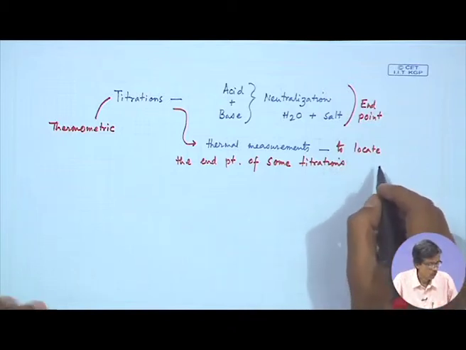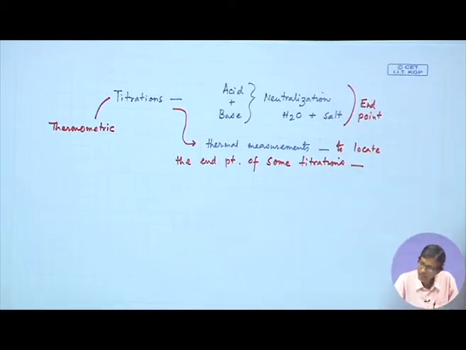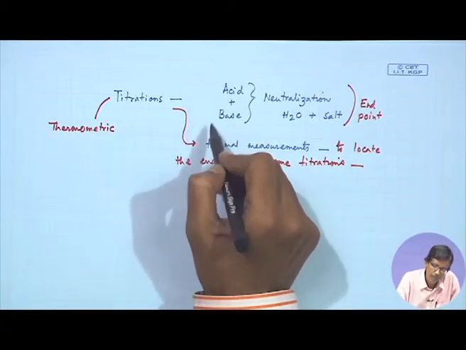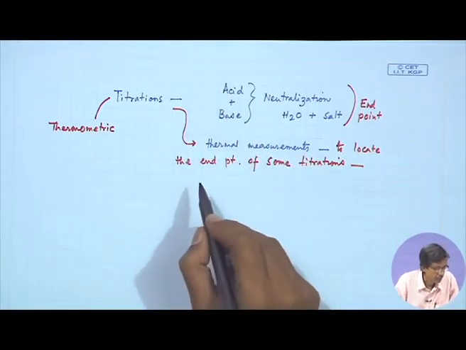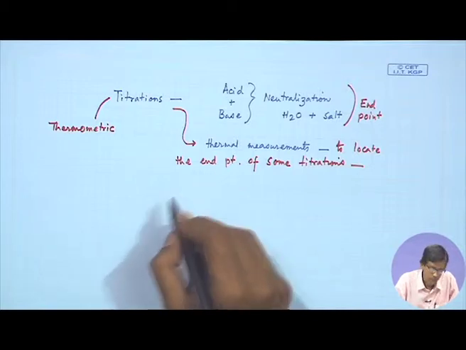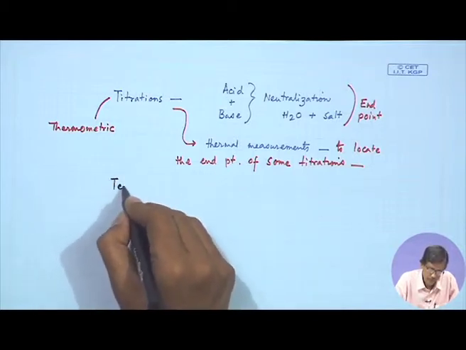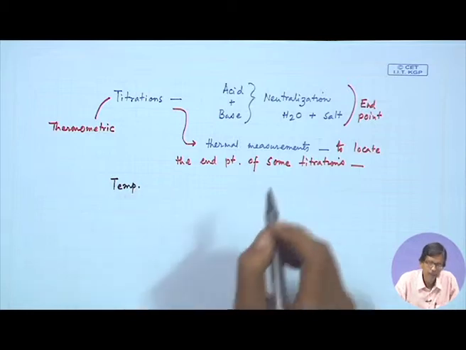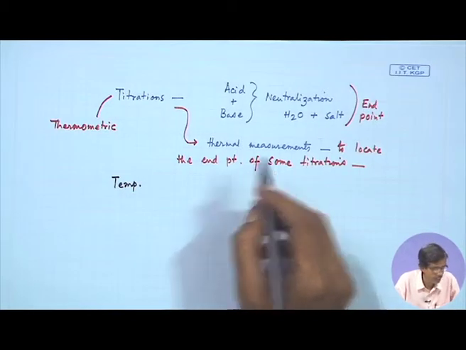So, for some titrations we can go for this. We all know that we can have some analyte and the titrant, and again a calorimeter type of arrangement we can have.